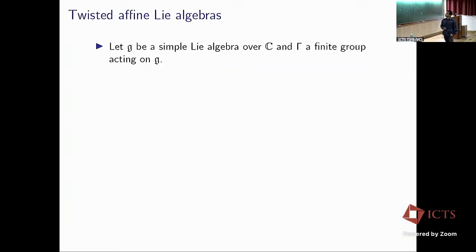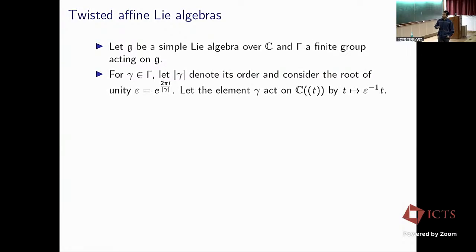Basically, we have a simple Lie algebra over C, and this twisting comes from a finite group acting on this Lie algebra. Now take any element of the finite group, small gamma. It determines a finite order automorphism of the Lie algebra.